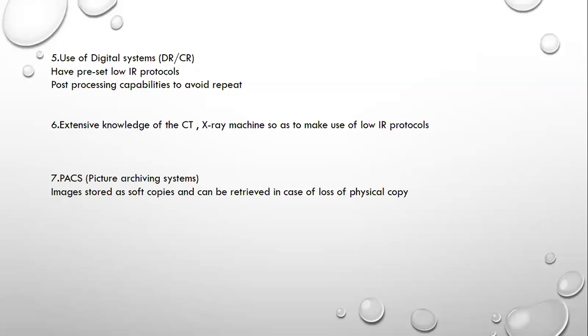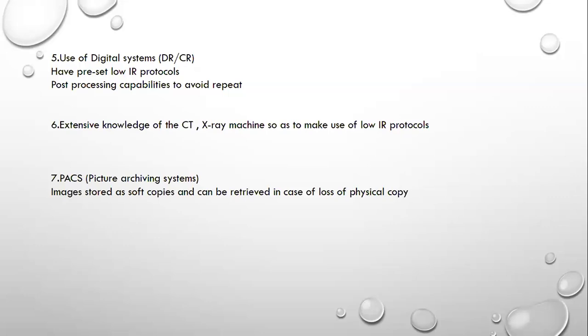This means that one, we lower the amount of radiation dose that the patient gets. Two, it also allows for post-processing, meaning if an image is acquired and the radiographer or the radiologist sees that this image is not optimal, previously we would have to repeat the examination, exposing the patient now to another dose of radiation. But now, due to post-processing, we are able to manipulate the image to one that is of diagnostic value.